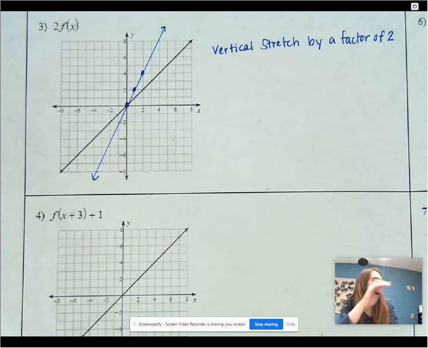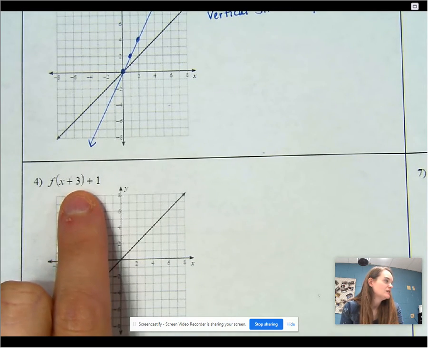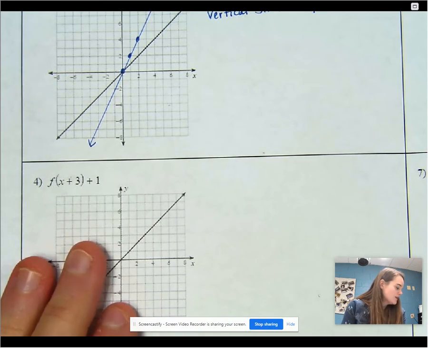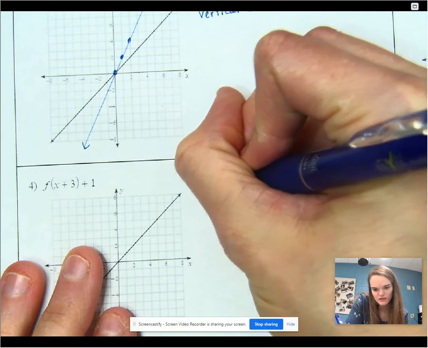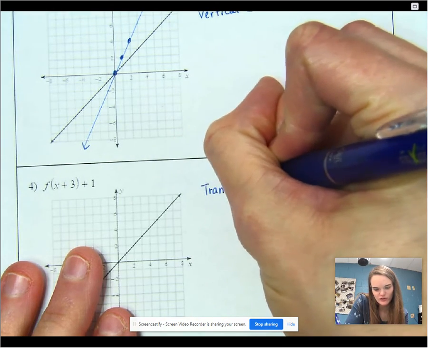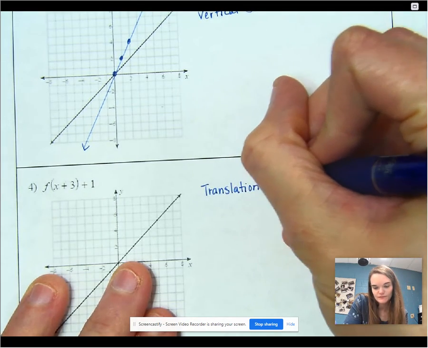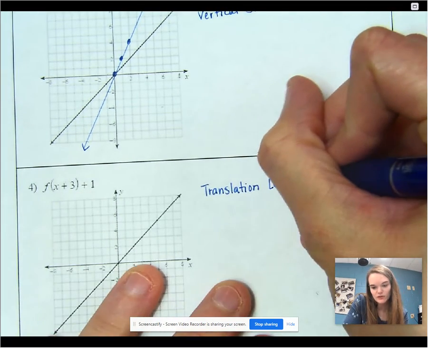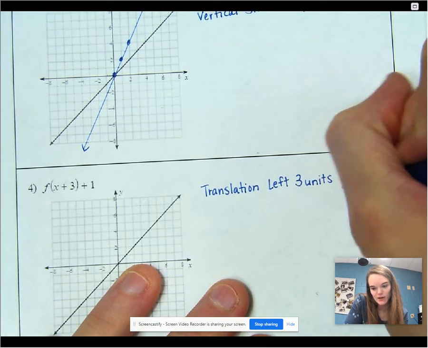Number 4. Anytime throughout this video, I would pause it and try some of these on your own. Number 4 is still linear. It has more than one thing going on. It has something on the inside and something on the outside. On the inside, it has plus, which means it is a translation. They're both translations. The plus means it's left 3 units. And we got to make sure we do both.